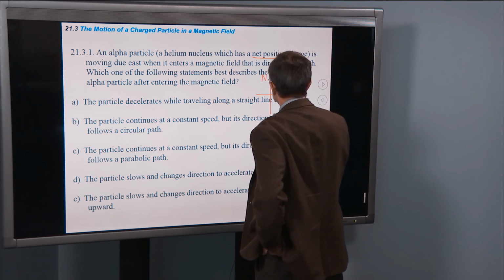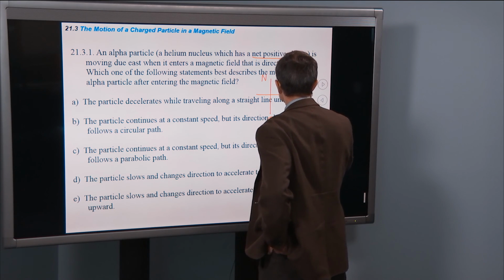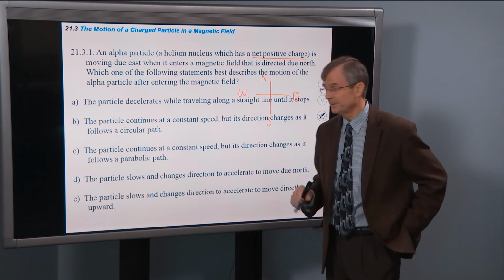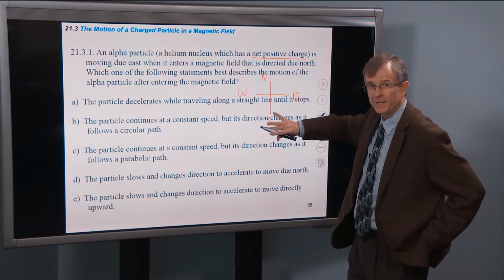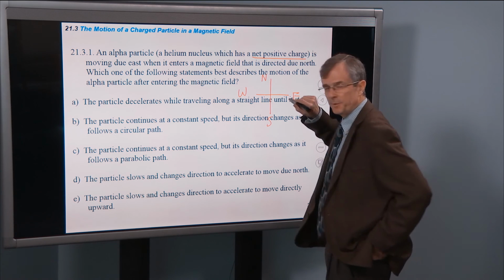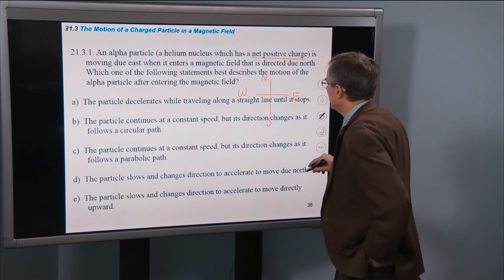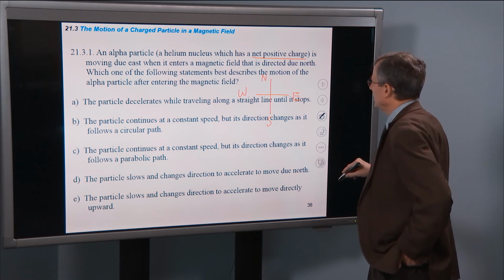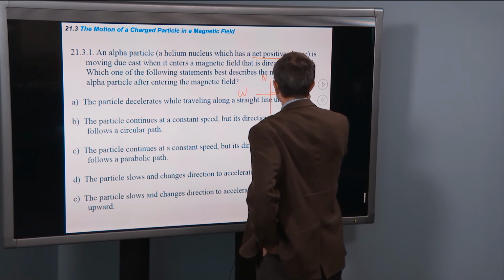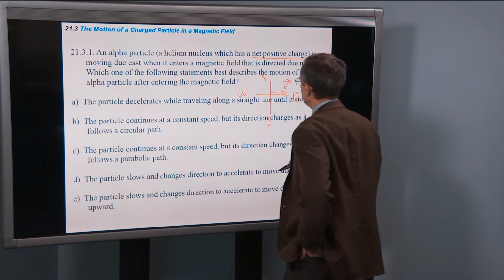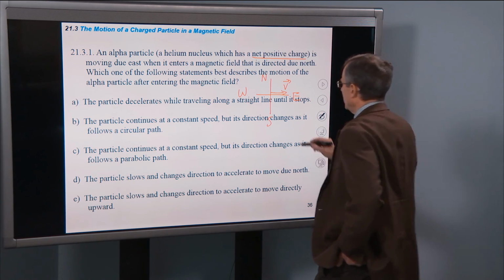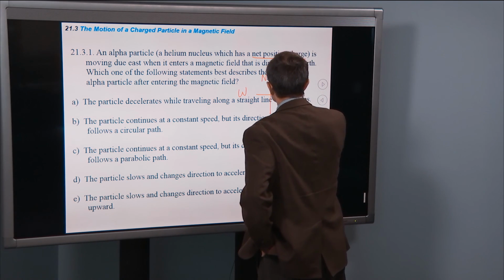Here's north, south, east, and west. And then up is in what direction? If this is considered a horizontal plane, then up would be out of the screen, right? And down would be into the screen. All right, so it's moving due east. It's a positively charged particle, and the magnetic field is directed toward the north.